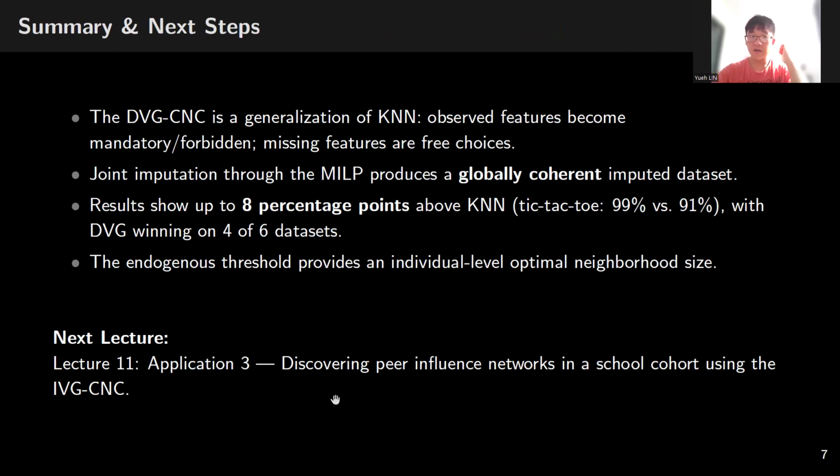On six out of the six benchmark datasets, our voting game model outperformed KNN, with the best gap reaching 8% on tic-tac-toe. And last point, the endogenous threshold provides an individual-level optimal neighborhood size.